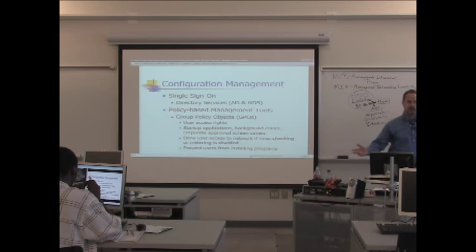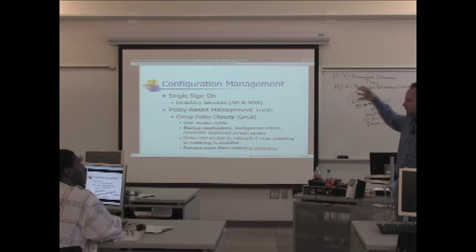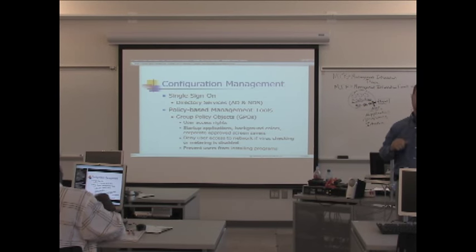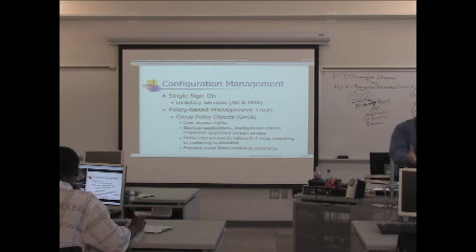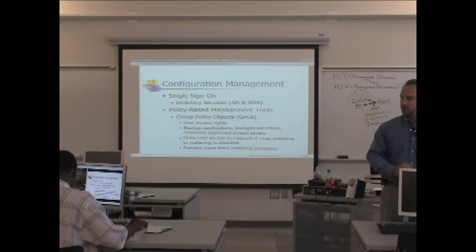This room is a great example of that. In this room here, you can only do certain things on these computers, and that's because from a centralized server, we've sent out group policies to all of these computers, which basically configures the database, the registry on each one of these computers, so that it has certain functionality but limits you to other aspects, other activities, tasks that you may want to perform, like installing software on these computers here.